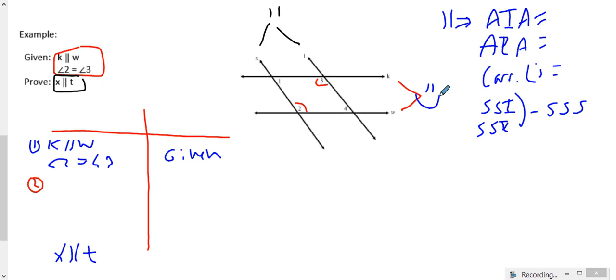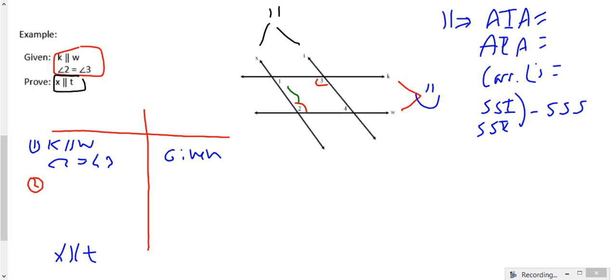Well, if K and W are parallel, let's connect these two in terms of making a relationship. They are both interior of K and W. They are same side of the transversal X. So we're looking at this information. So 1 and 2, if the lines are parallel, like we're told, 1 and 2 are supplemental.